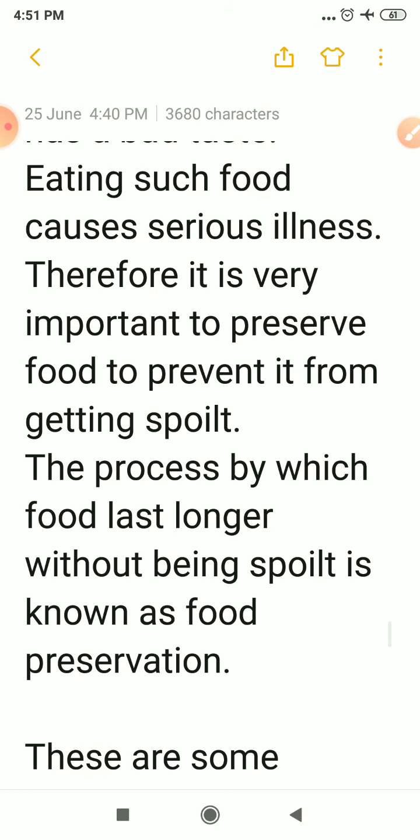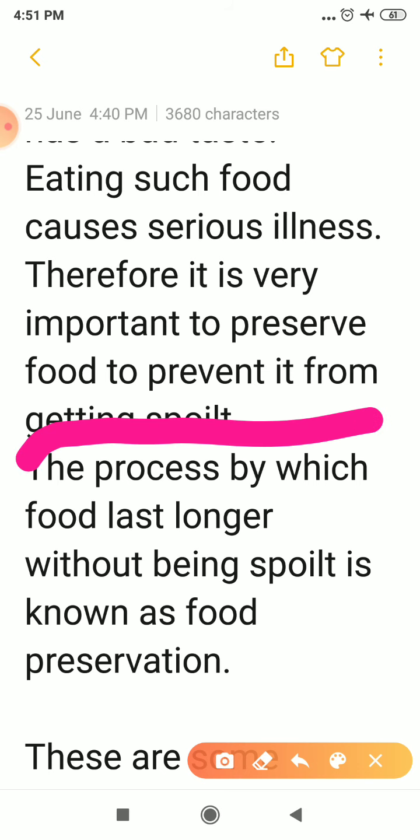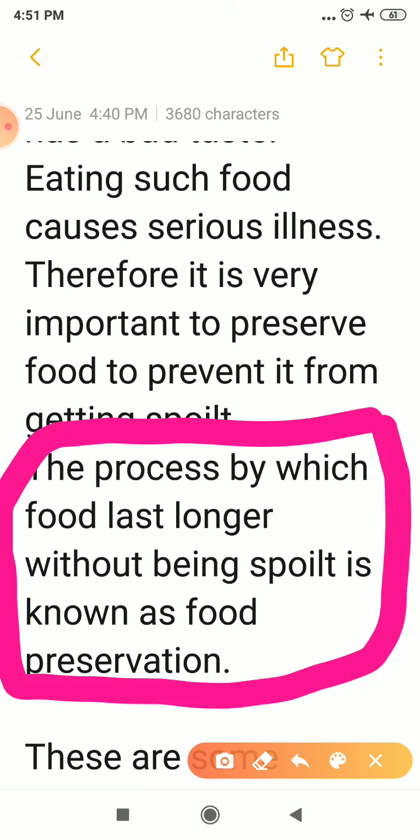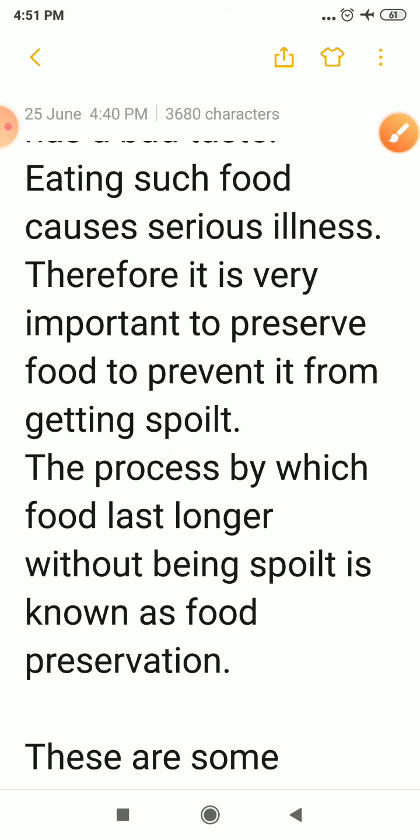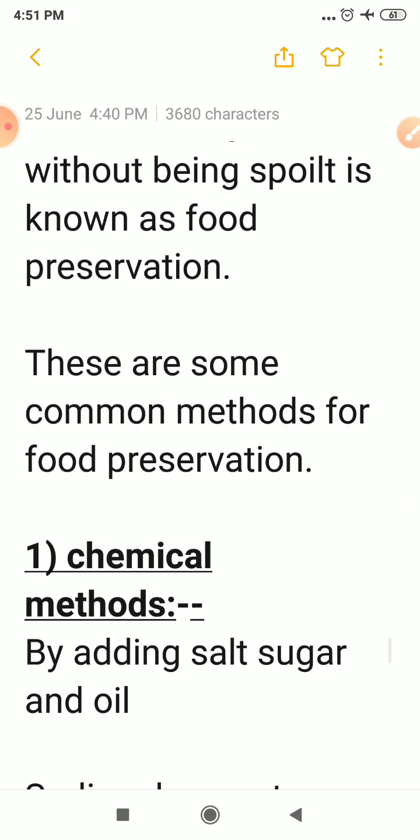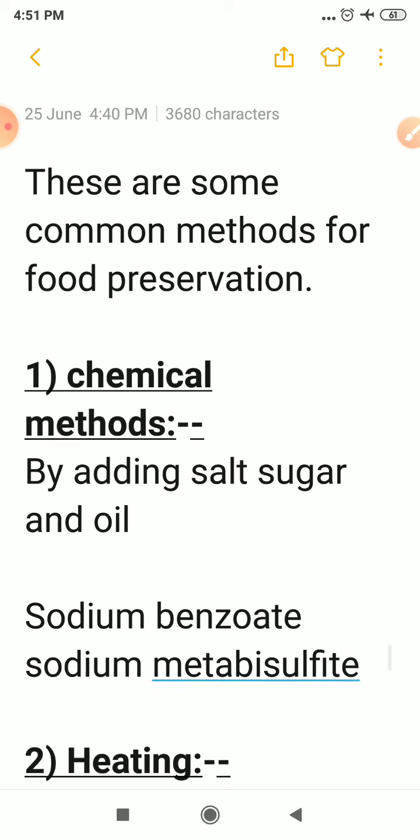The process by which food lasts longer without being spoiled is known as food preservation. And what are the food preservation techniques? Those techniques we will discuss here one by one.